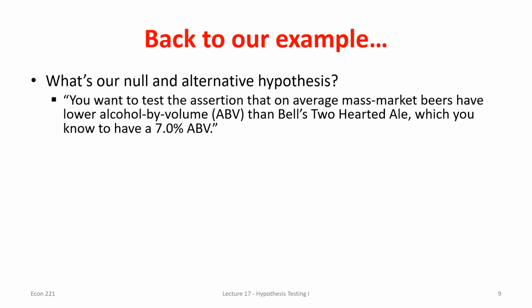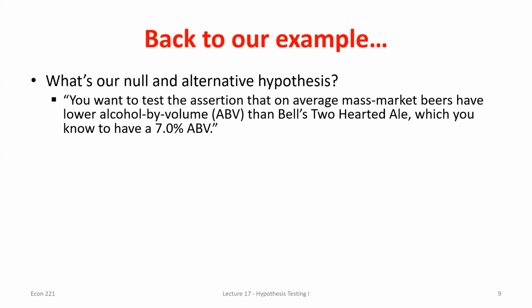So my alternative hypothesis here is that the true mean ABV for these mass market beers is less than 7%. That's what I'm trying to test for, right? Is it less than that? So for the null, I'll stack the deck against myself and assume that the true mean is in fact greater than or equal to that 7% value.